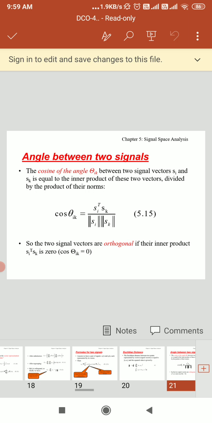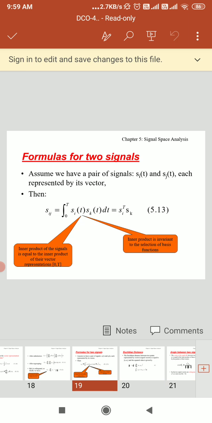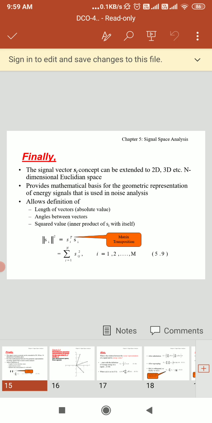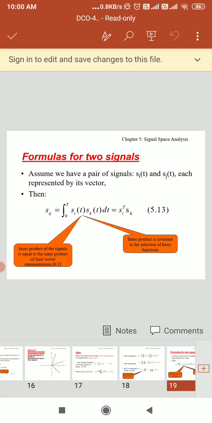Now we are supposed to see some parameters for this signal. When we are studying the geometric representation of signals, we will require the length of the vector, which is nothing but the distance, the absolute value, the angle between vectors, and the squared value, that is Si squared. So we have now seen the distance, and now we will see the angle.